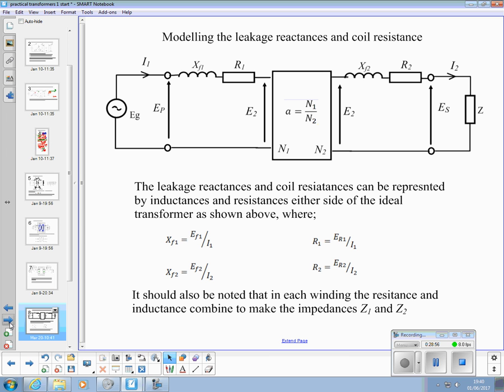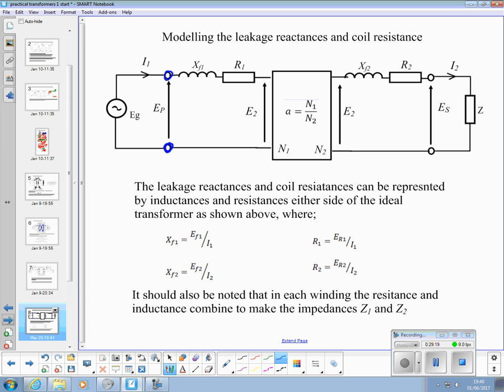So we can now model, and I've added a little bit further. These two terminals here are the actual primary terminals that you can put your voltmeter on. They're measured. That's where we connect the generator voltage to.